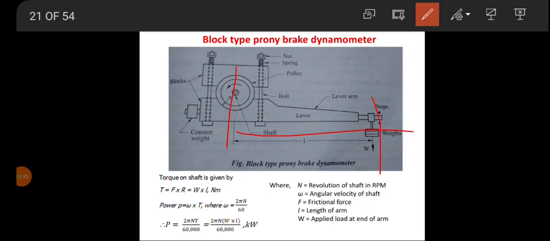P equals 2 pi N T by 60,000, where T equals W into L, and the torque will be in Newton meters. In this way we find the torque by using the Prony brake dynamometer.